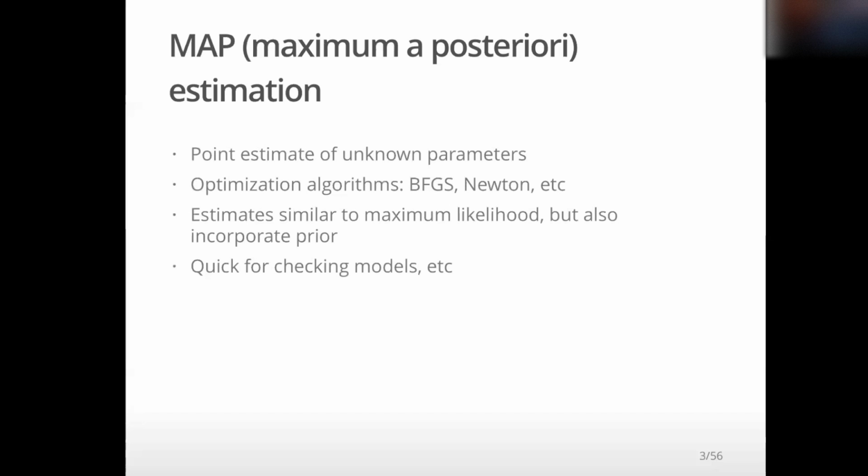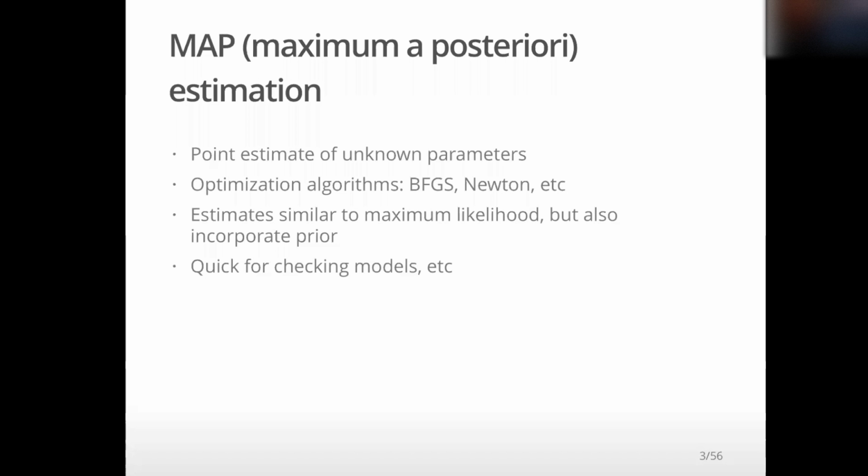MAP stands for maximum a posteriori estimation, which is basically like maximum likelihood. We find the peak of a likelihood surface. We can do the same thing in Stan using the maximum posterior distribution. The one major difference is that unlike maximum likelihood, which doesn't involve the prior at all, to generate that posterior distribution we need to include the prior.